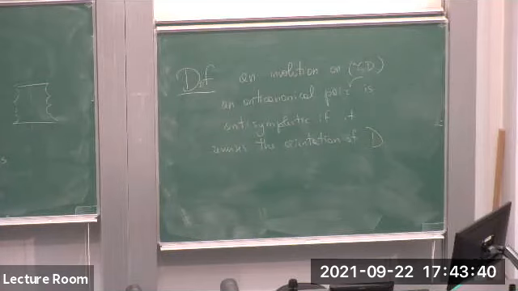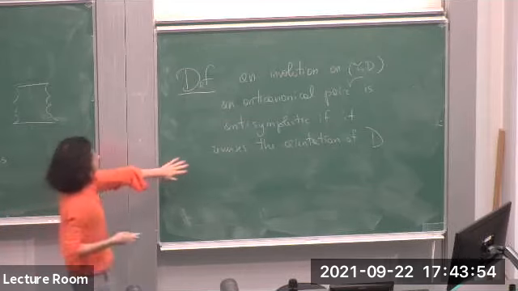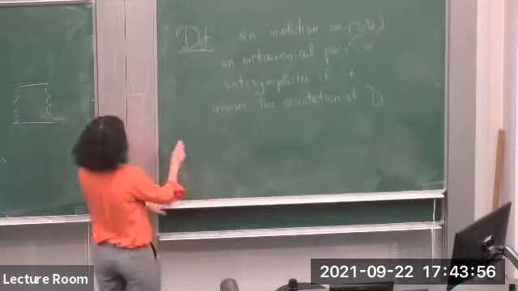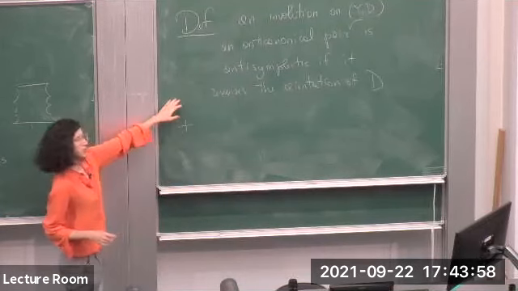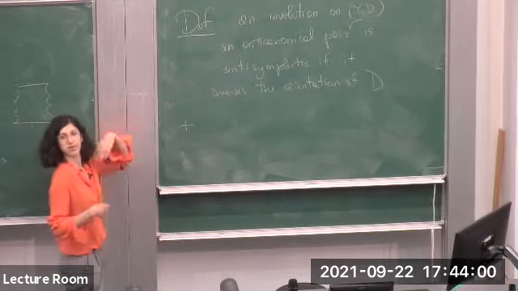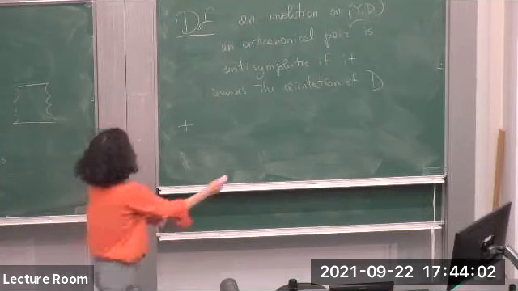One way you can think of the antisymplectic involution is if you look at the exceptional cycle, so the induced involution on the minimal resolution is going to reverse the orientation of the exceptional cycle. So this is what happens here. And then again, we're going to consider only those which are fixed point free away from the divisor.